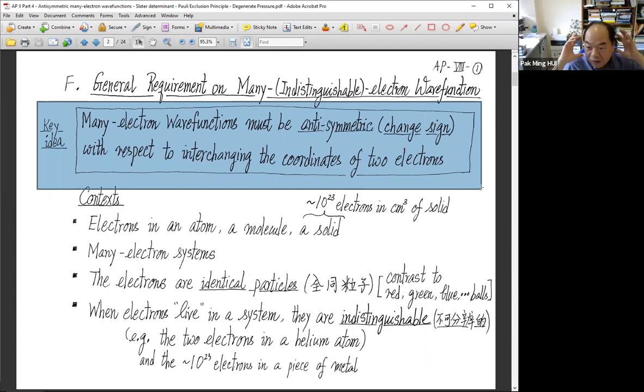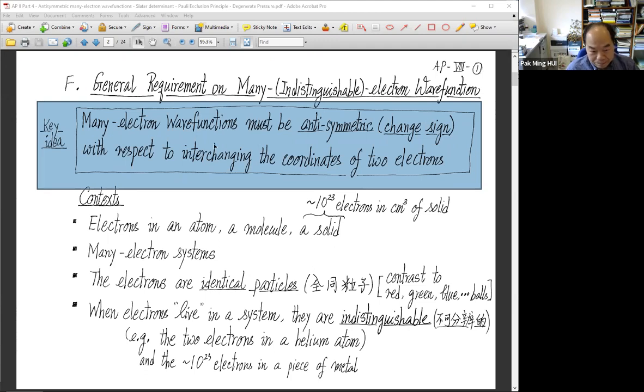So take the end result and start digesting as we go on, okay? So this is the requirement taken by nature. Okay, as we will see, why I say this is the requirement, the option taken by nature, is because there are 2 choices. But for electrons, for the many-electron wave function, this is the choice by nature.